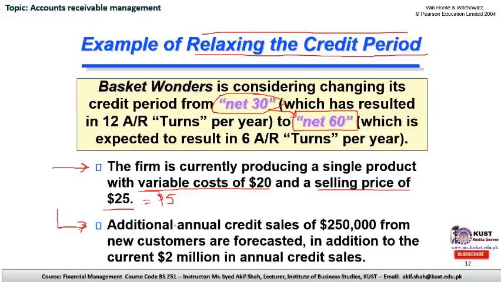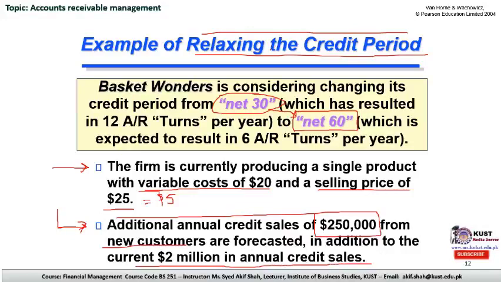Because of this alteration, there will be an additional annual credit sales of $250,000 from the new customers as forecasted, in addition to the current $2 million in annual credit sales.